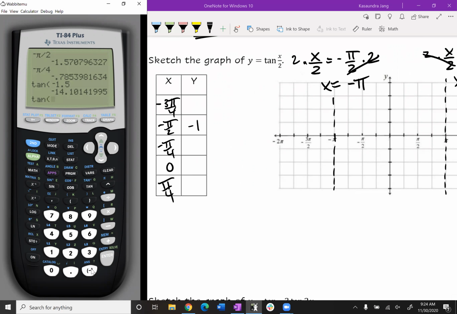And it was that x over 2, so is this what you got, this messy decimal?